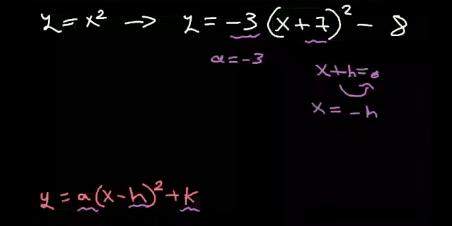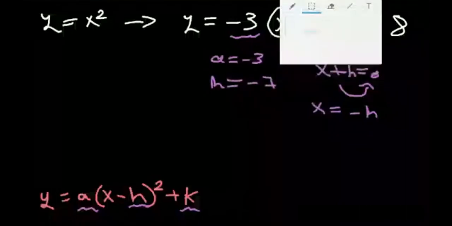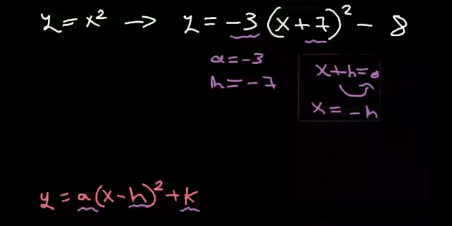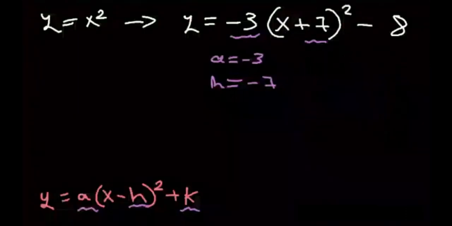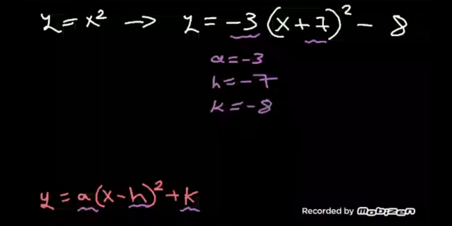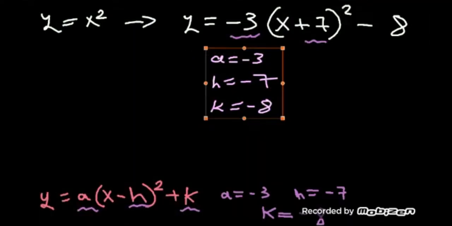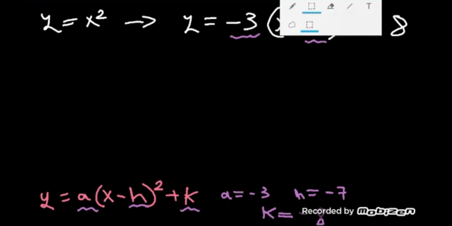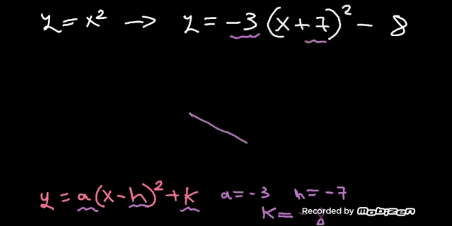So here we have h equals -7. And let's remove this. And k equals -8. So I wrote them back here.